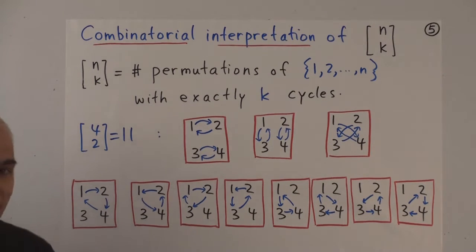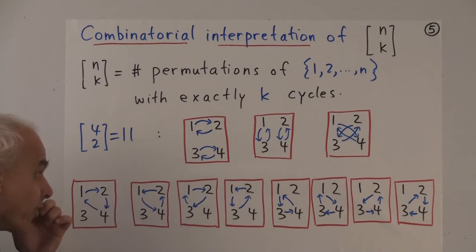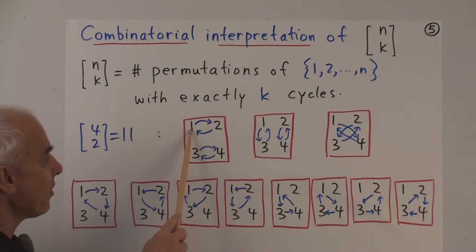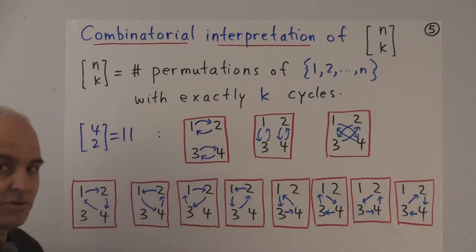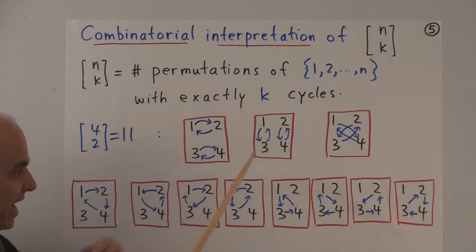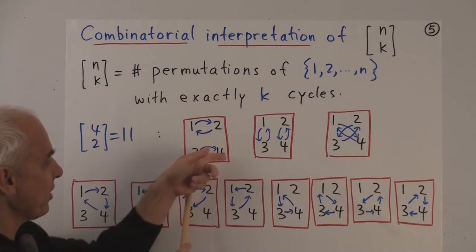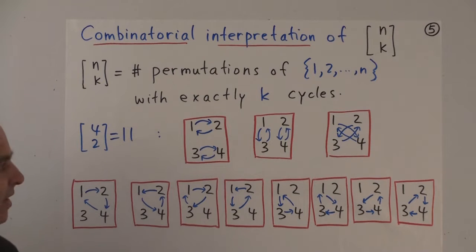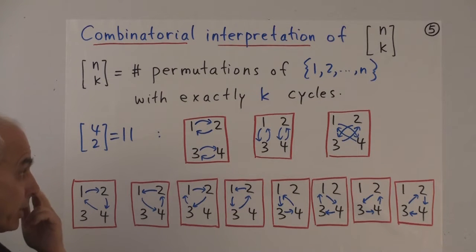And there are lots of ways of doing that. Here's, for example, one way. We could move person 1 into person 2's place and person 2 into person 1's place. So essentially ask 1 and 2 to change places, and at the same time ask 3 and 4 to change places. That would be one possible permutation.